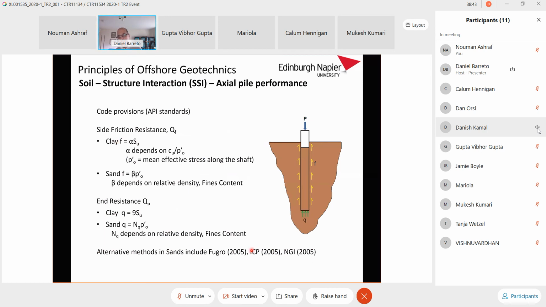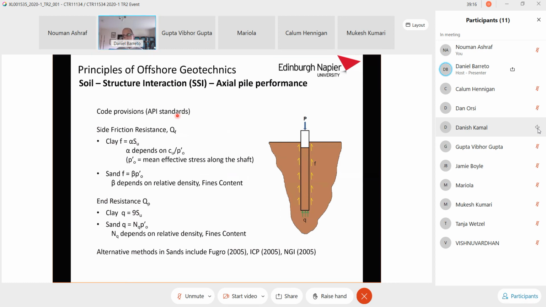These most modern methods of design, including ICP, which I will show you in detail next week, do these calculations on the basis of CPT tests rather than on measurements of shear strength parameters. And that's what we will be focusing on. It's not to say that methods like these are not used offshore. They are part of the American Petroleum Institute standards that are still used in North America.